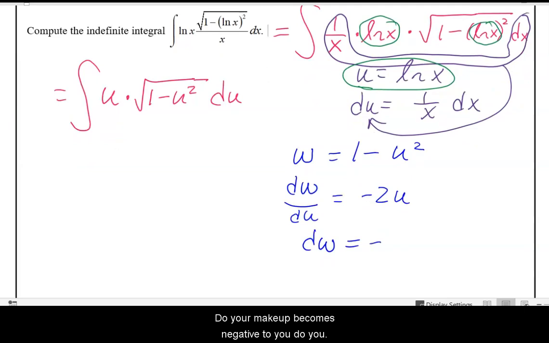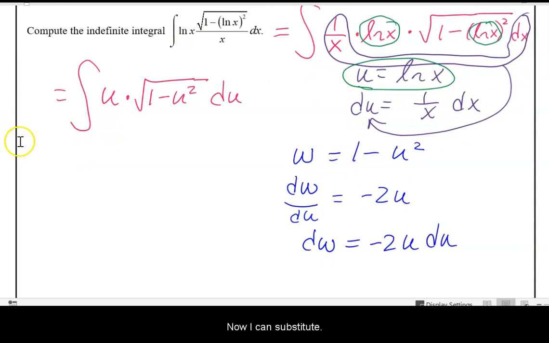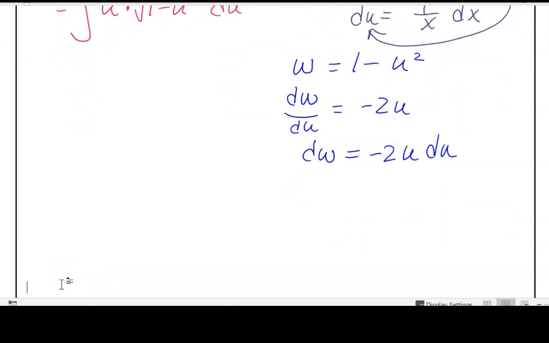D omega becomes negative 2u du. Now I can substitute. However, notice I don't have a negative 2u du. This time, just for fun, let's solve only for du. If I solve for just du, this would lead to du equal to d omega divided by negative 2u.